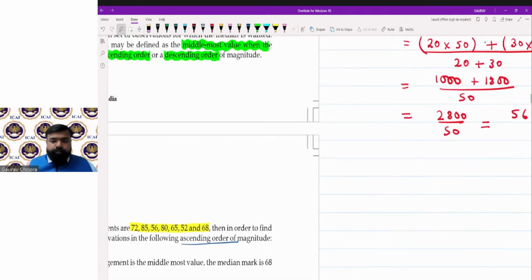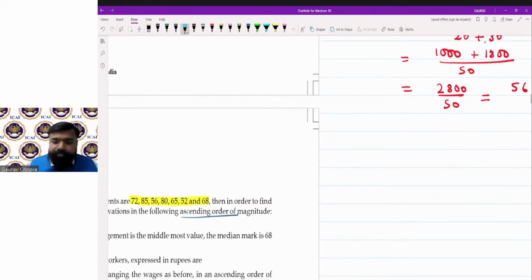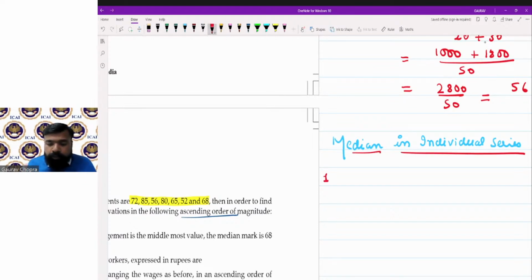So let us write down the steps to calculate median in individual series. The first step is to arrange the series, in ascending or descending order.